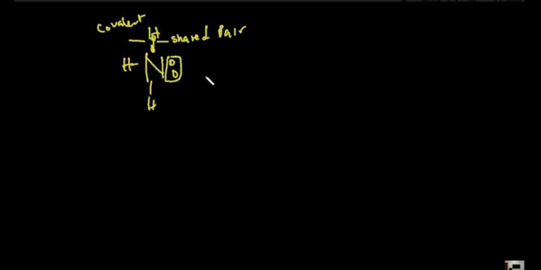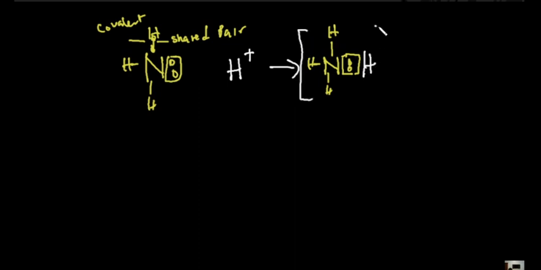Now, this lone pair can be shared with an empty shell. Imagine ammonia decides to form ammonium ion by combining with hydrogen ion. Hydrogen ion does not have any electron, but it needs electrons to become completely filled. So what does it do? It joins with ammonia, which will now have hydrogen, hydrogen, hydrogen. Ammonia will contribute the shared pair so that hydrogen will share from it, and when hydrogen shares from it, you will notice that eventually it becomes stable.